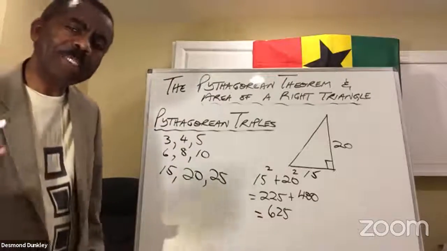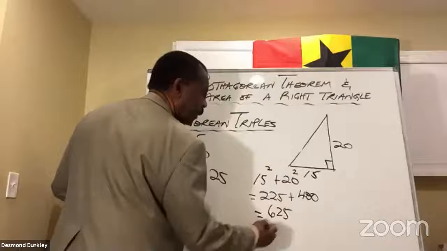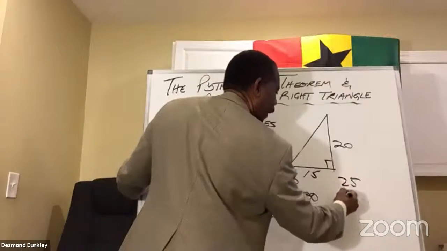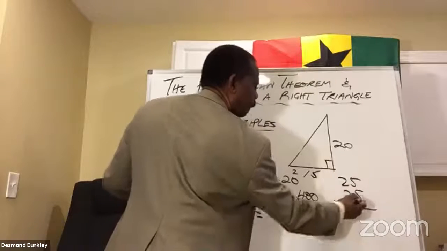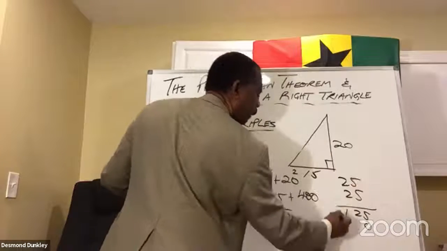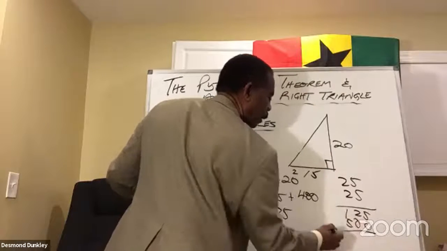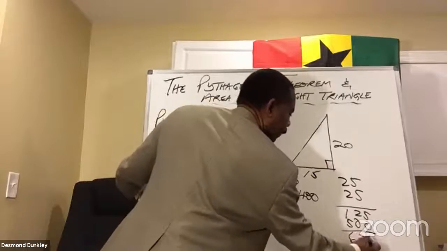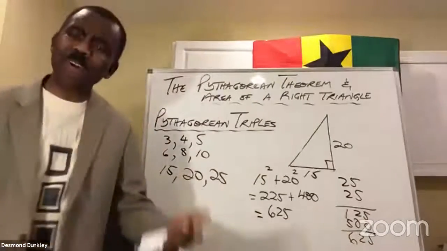What is 25 times 25? Well, 5 times 25 is 125. 2 times 25 is 50. 625. Yay! It works.